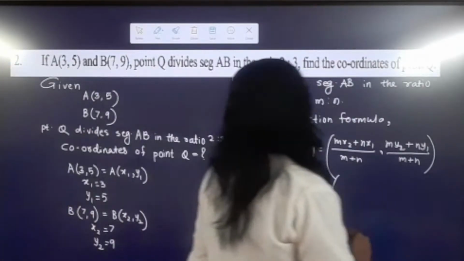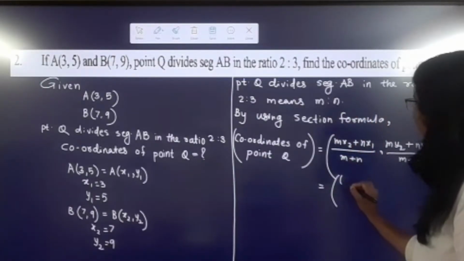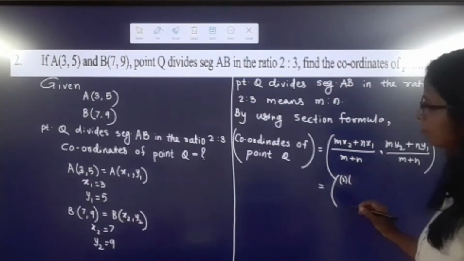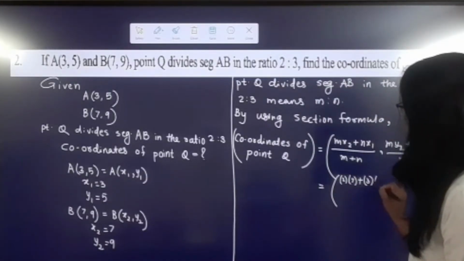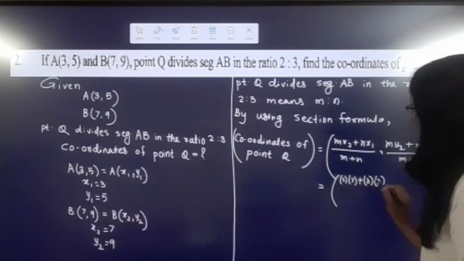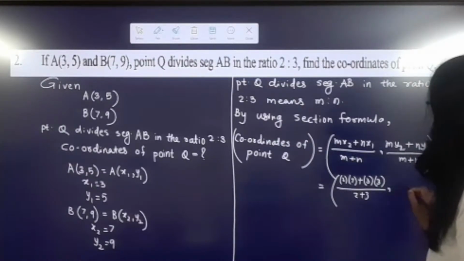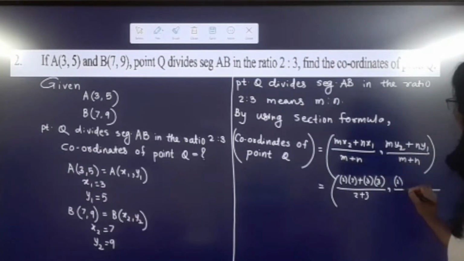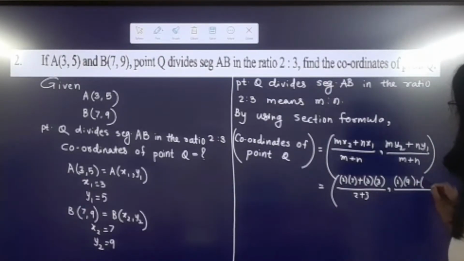Here m is 2, so 2 multiply 7 plus 3 multiply 3, divided by 2 plus 3, comma, 2 multiply 9 plus 3 multiply 5, divided by 2 plus 3, bracket complete.